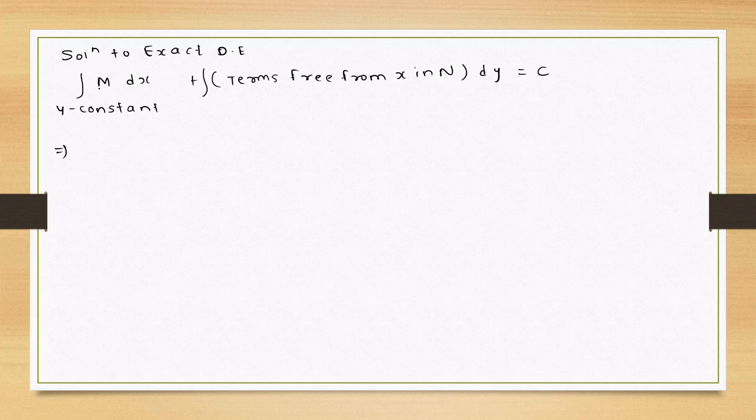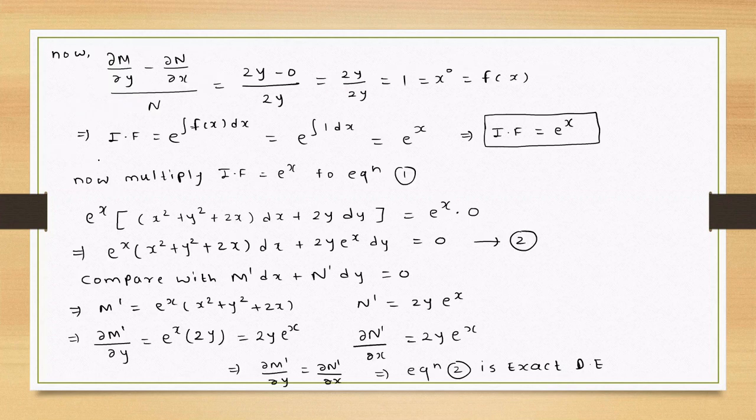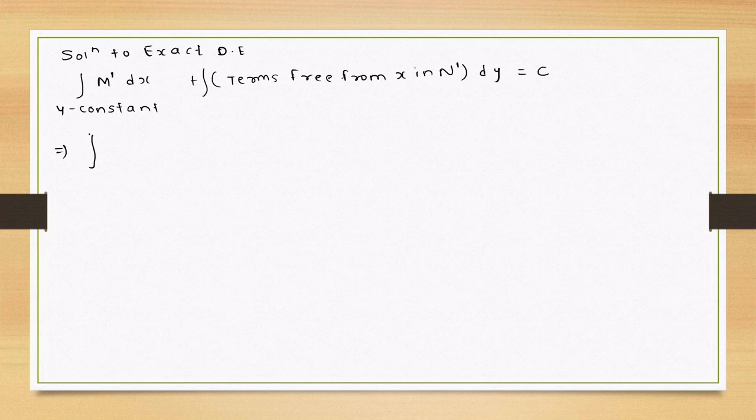So now remember, here we have to consider m dash and n dash. Now what is m dash here? It is e raised to x into (x square plus y square plus 2x). So integration of e raised to x into (x square plus y square plus 2x) dx.